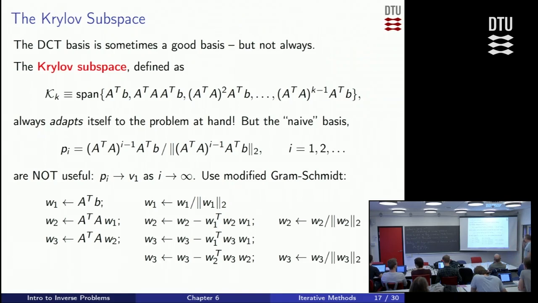But maybe we could take that point of view one step further. See, the SVD basis knows about the A matrix. It comes from the A matrix, but it doesn't know anything about the right-hand side.